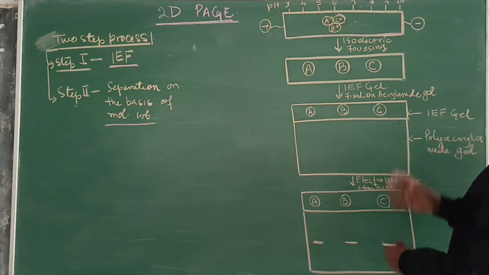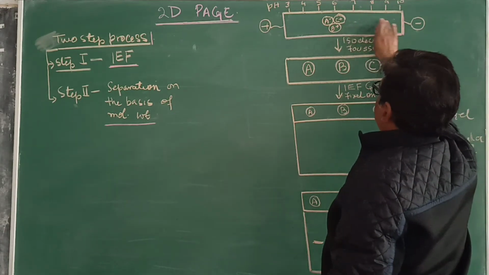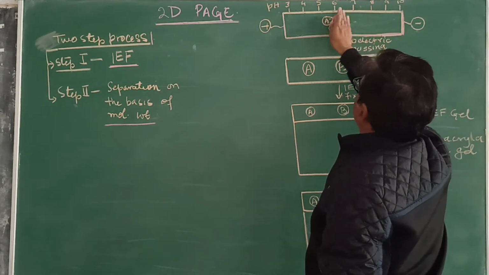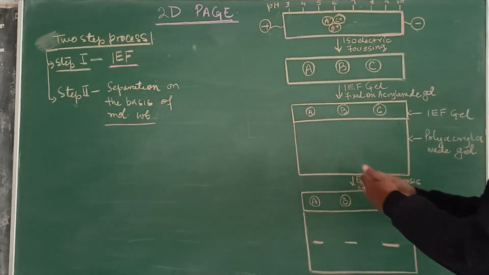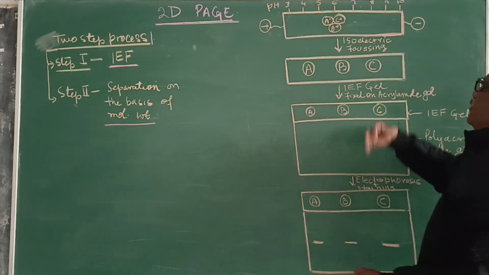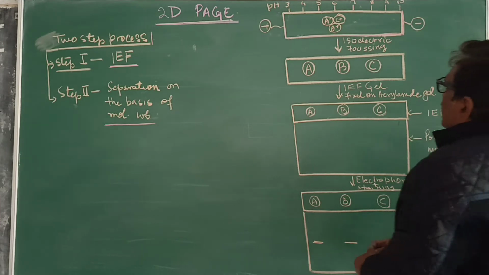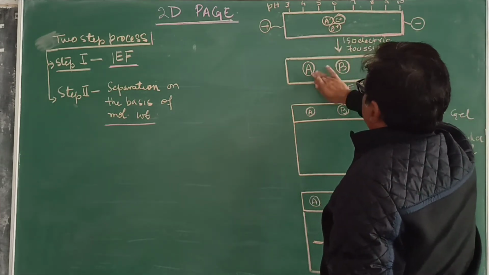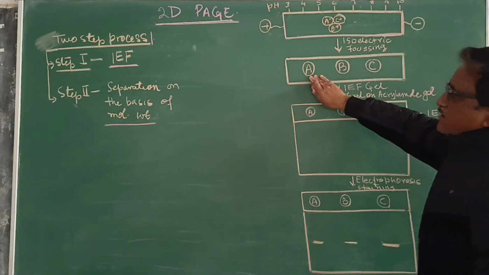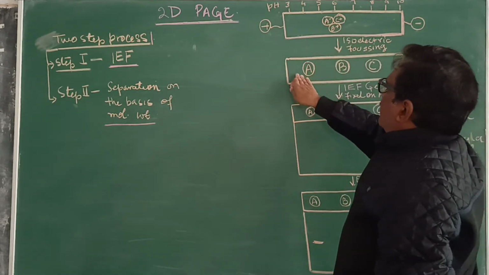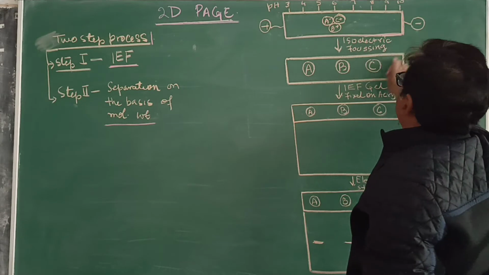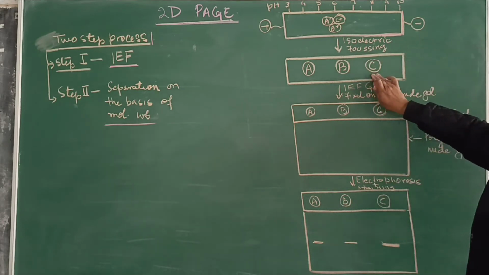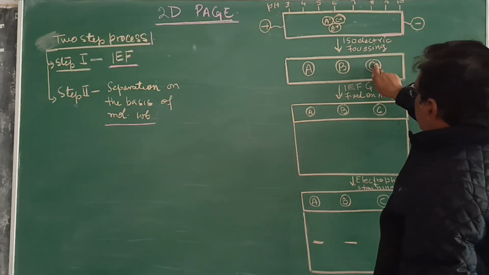As they move, they face different pH, so they gain or lose their positive charge, and ultimately when they reach a point where their charge becomes 0, they will no longer be attracted by either anode or cathode, and they will stop migration at that particular point.